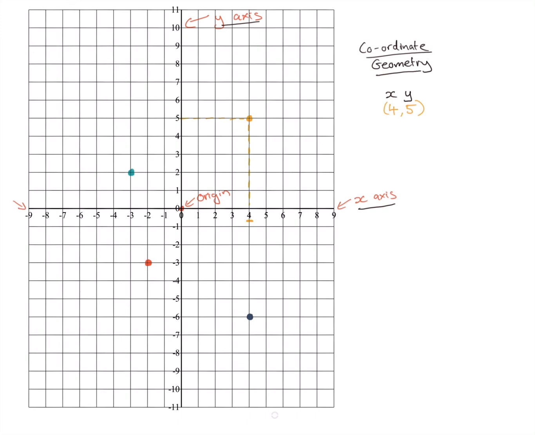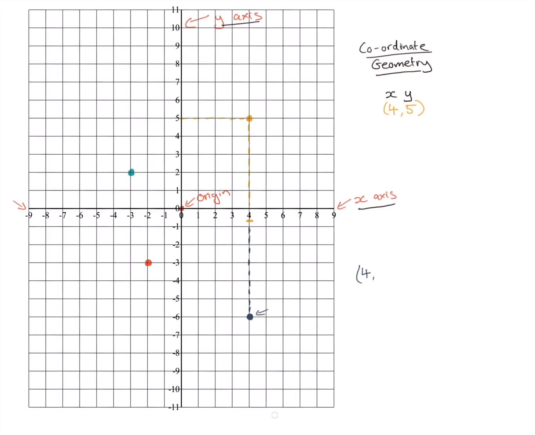So let's have a look at this one down here, the dark blue gray one. This one is below, so it's a little different. It's below 4 on the x-axis. That doesn't make a difference that it's below. That's okay. It's just below it.